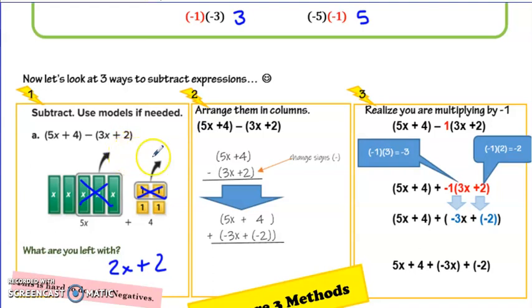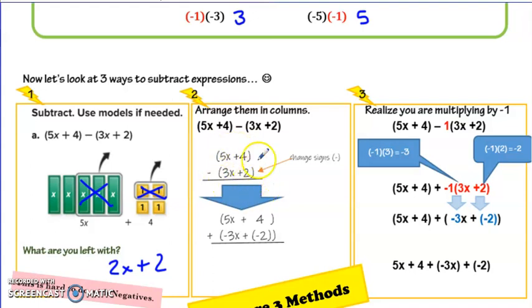Okay, so remember when we stacked up those addition ones up over here before? Well, we're going to do the same exact thing here too, but we're going to be subtracting. So arrange them in columns. So we take the 5x plus 4 minus the 3x plus 2. Okay, now when you're subtracting here, you change signs, because that's just what our procedure is going to be.